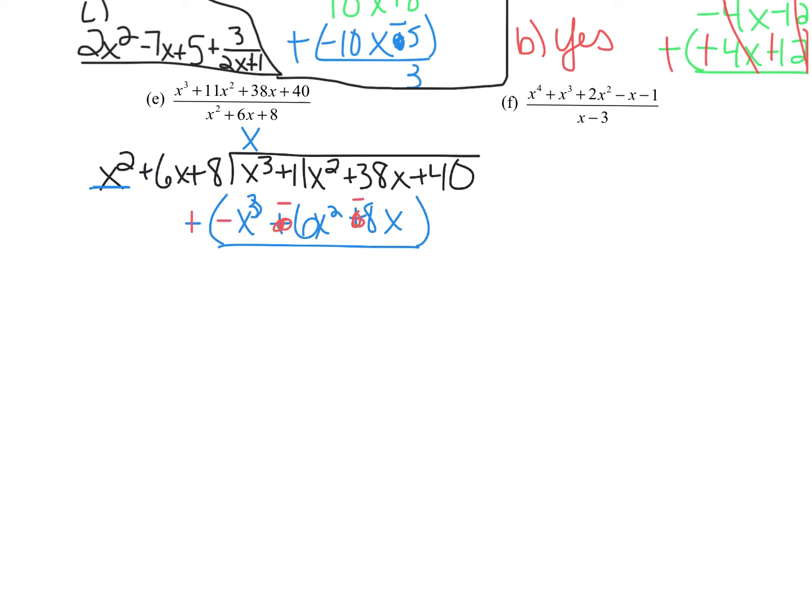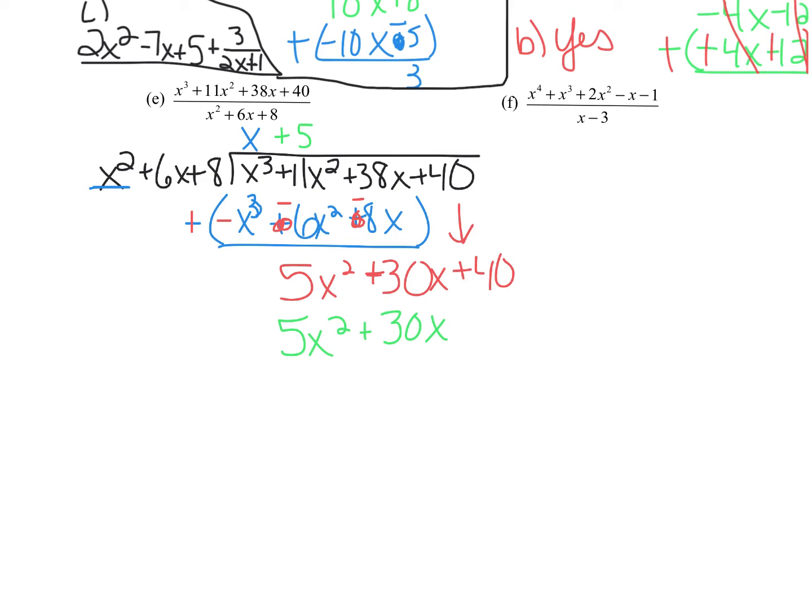And change our sign. So that gives me 5x squared minus 30x. And I bring down the 40. So x squared goes into 5x squared 5 times. So that gives me 5x squared plus 30x, and I realize I had a mistake here, right? 38x minus 8x above should be positive 30x.